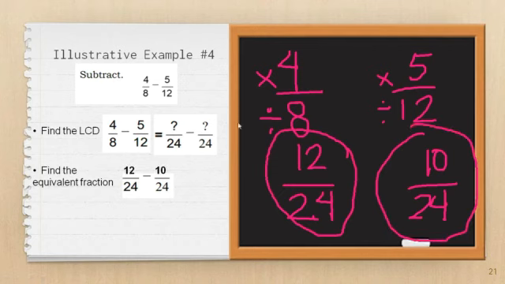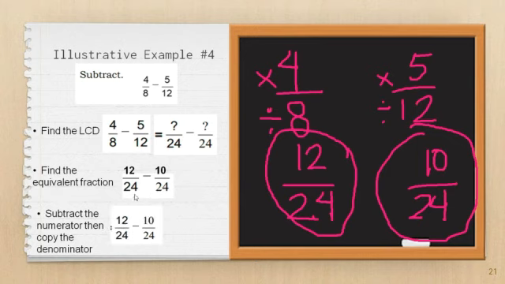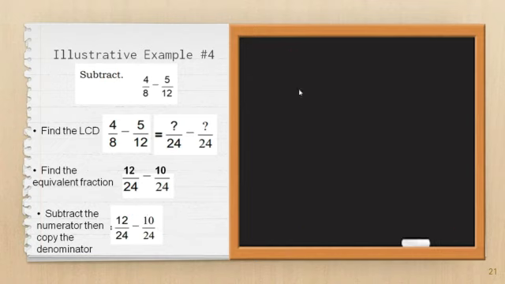Now, meron na tayong 12 over 24 and 10 over 24. Ang gagawin naman natin is to subtract the numerator and then copy the denominator since similar fraction na sila. So, we have 12 minus 10 is equal to 2 over 24. So, we have 2 over 24. Kaya lang, itong 2 over 24 na yan na sagot is still pwede nating i-reduce to lowest term.